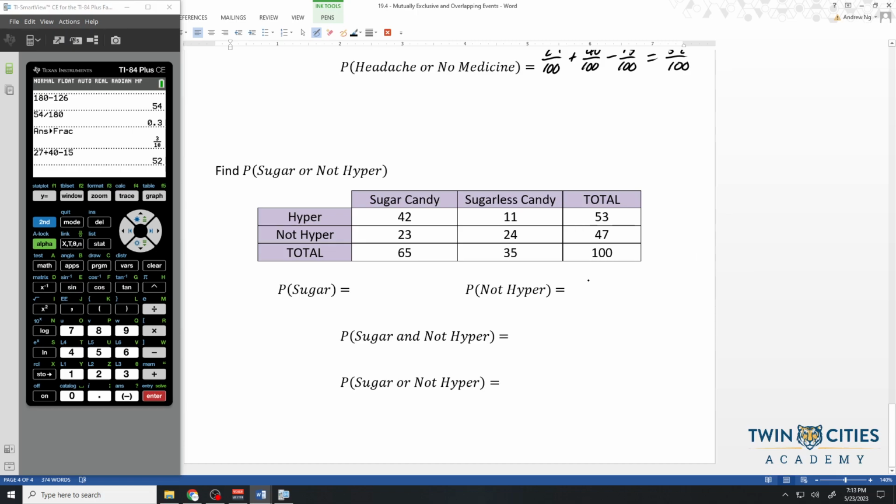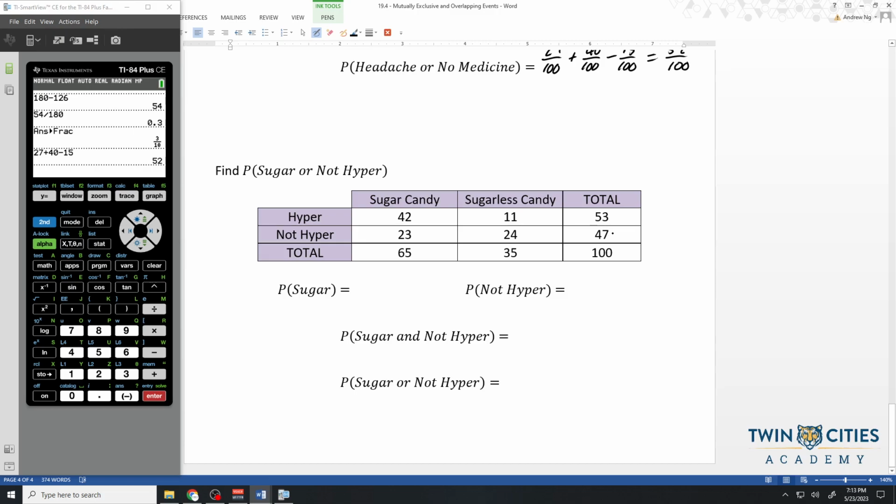So let's take a look. There were 65 people that were given sugar candy, and there were 35 children that were given sugarless candy. 53 in total, whether it was sugar candy or sugarless, became more hyper, and 43 children did not.